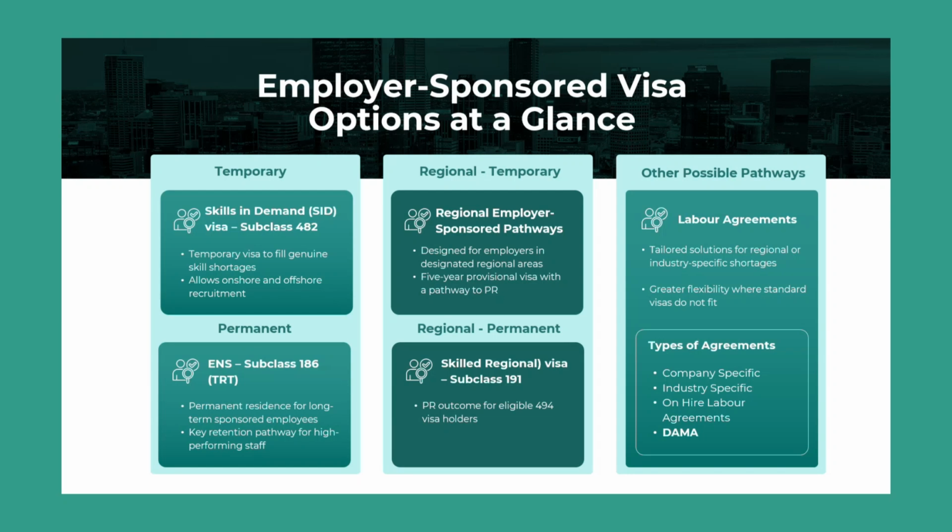of Home Affairs. A recent change to the on-hire labor agreement is that the salary level has been changed, and under the on-hire labor agreement, an employer who has the labor agreement in force must pay a minimum 20% extra in addition to the base salary.